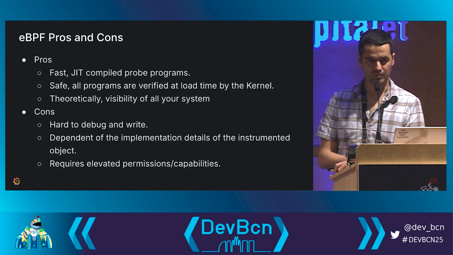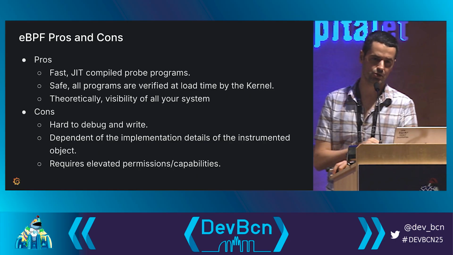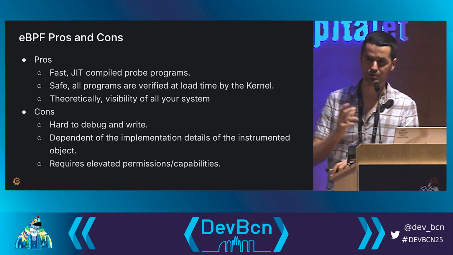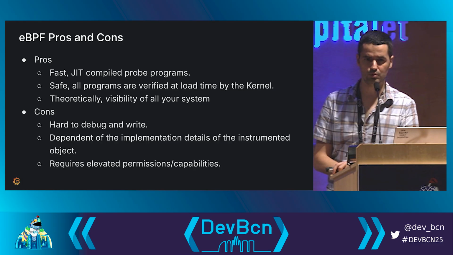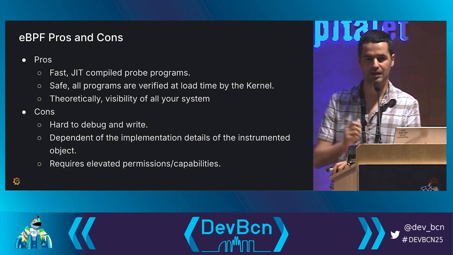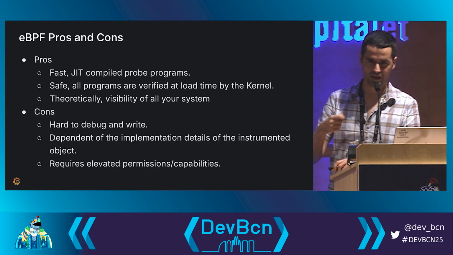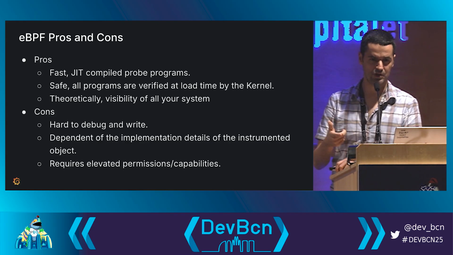Also, it is safe. The terms kprobes and uprobes are not exclusive to eBPF. Before, the Linux kernel allowed you to load this kind of programs, but if that program crashes, your kernel will crash. eBPF has a pre-verifier, so it makes sure that it cannot load any program that is not guaranteed to finish.